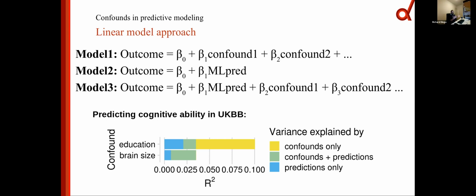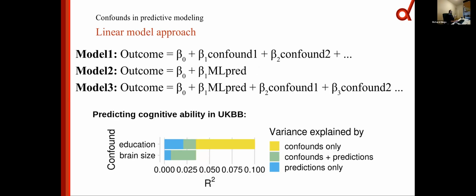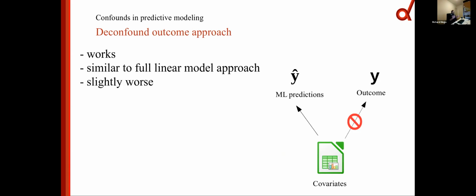So this is good to know, even if you care only about prediction, it's still good to know something like this is happening in your data. And this is what we proposed in my preprint, and then there are other approaches.